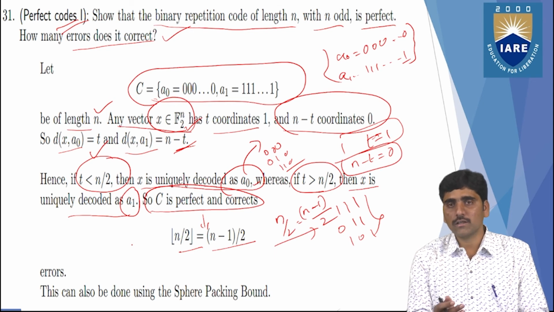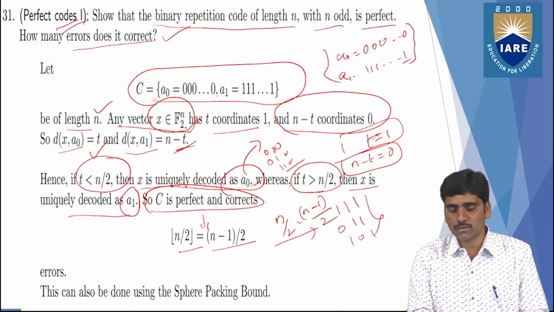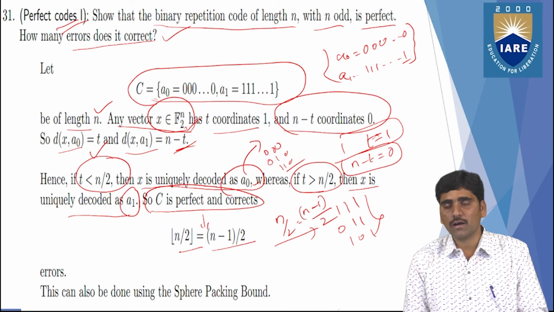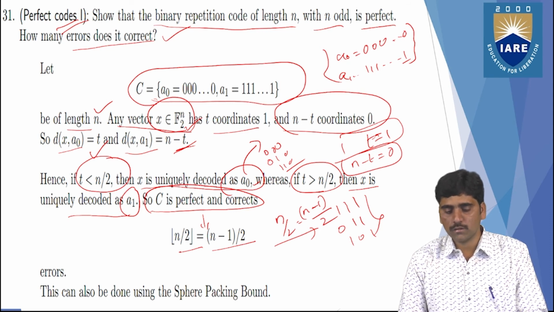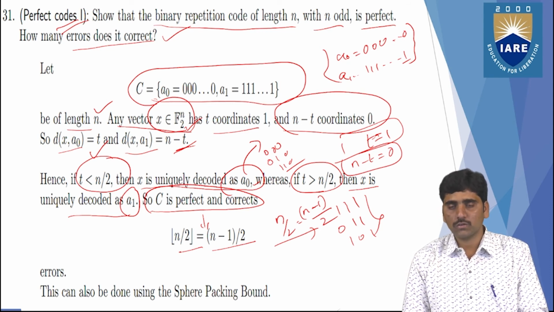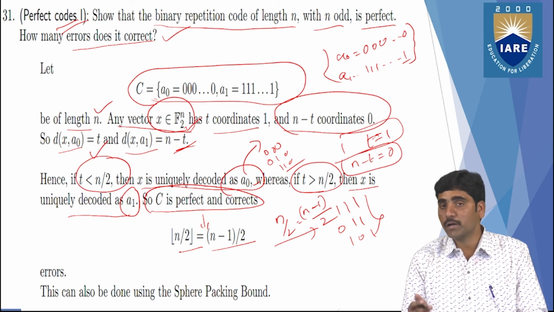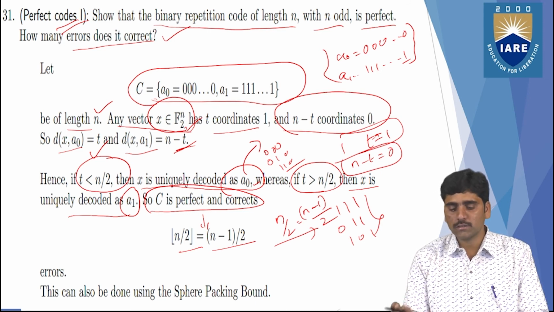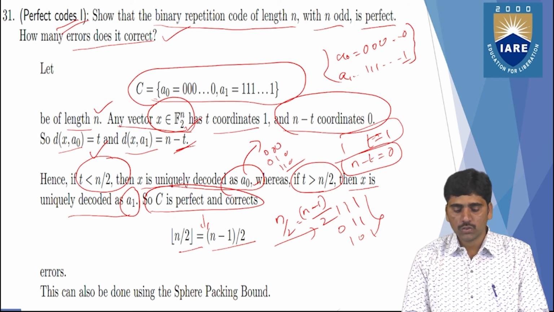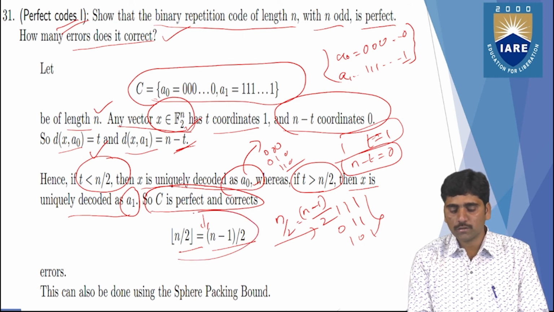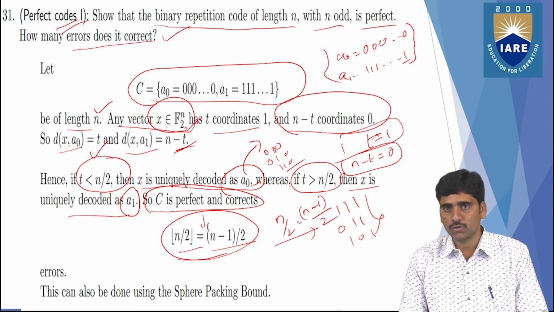Based on that a0 and a1, that means based on those bits, the operation occurs. If the ending number is 0, it is treated as a0. If the ending number is 1, it is treated as a1. So this many errors are corrected with perfect codes.